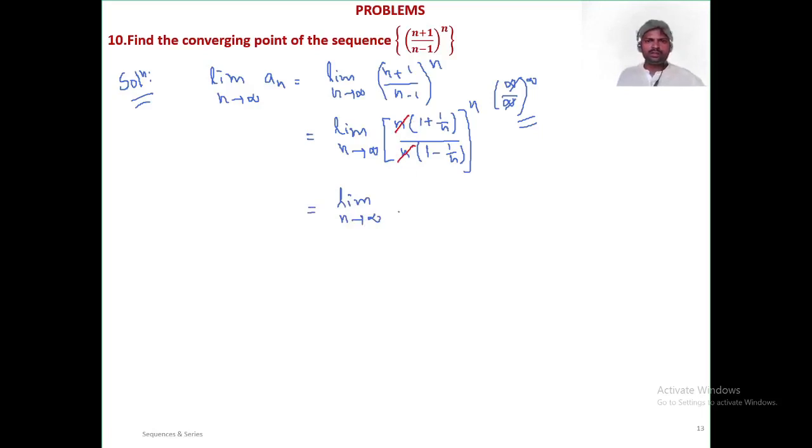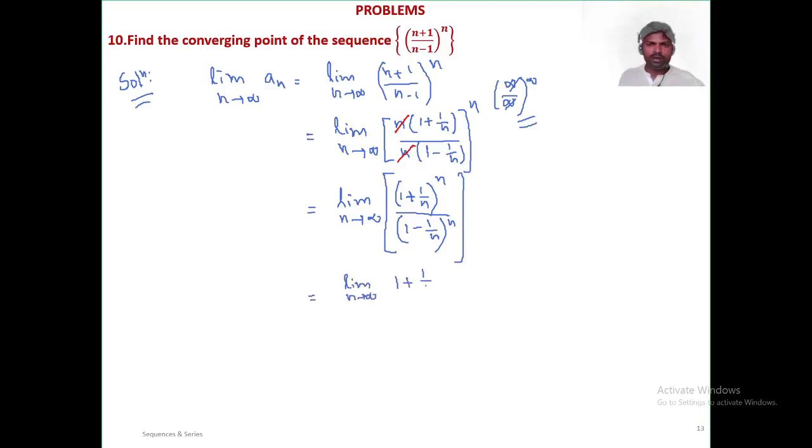Now what happens? 1 plus 1 by n and 1 minus 1 by n, and I am applying the power n separately to the numerator and the denominator. Okay, so I am applying the limit to this entire term. This means the limit can be applied to the numerator and denominator separately.